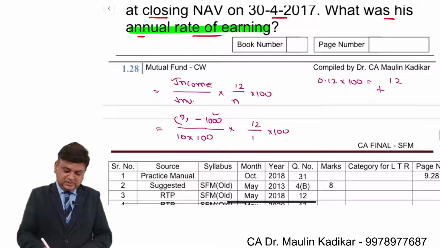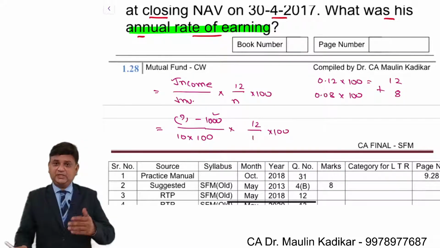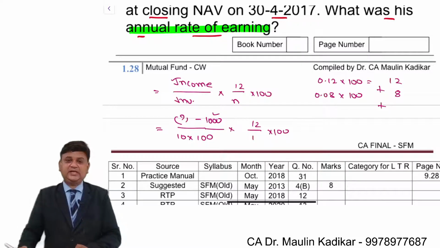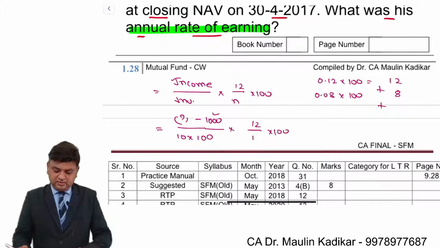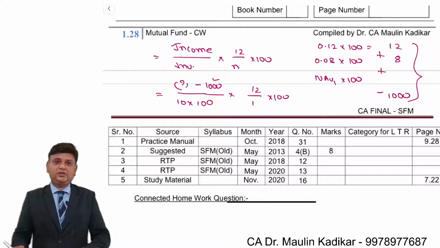So the investor is receiving 8 paise, again into 100 units. That is 8 rupees that will be received by the investor. Plus we understand it's the NAV1, NAV1 into 100. This is the way the income will be calculated.